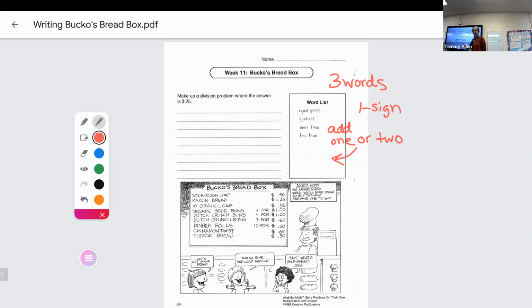Not how many left, that's subtraction. In each. Per. Divided by. Those kinds of words. So write those down as some possibilities. Some of you are sitting there doing nothing. Write those down as some possibilities.